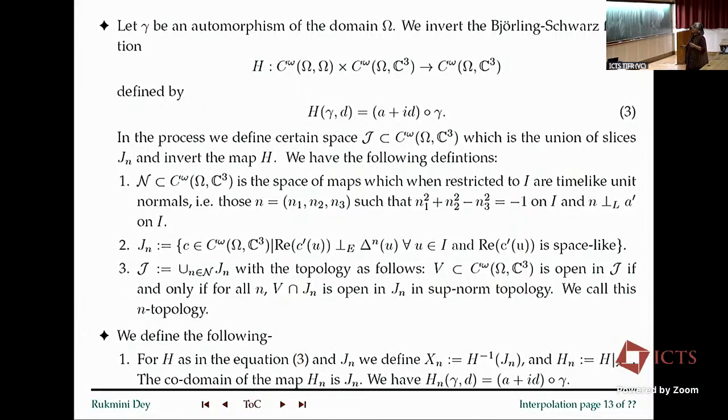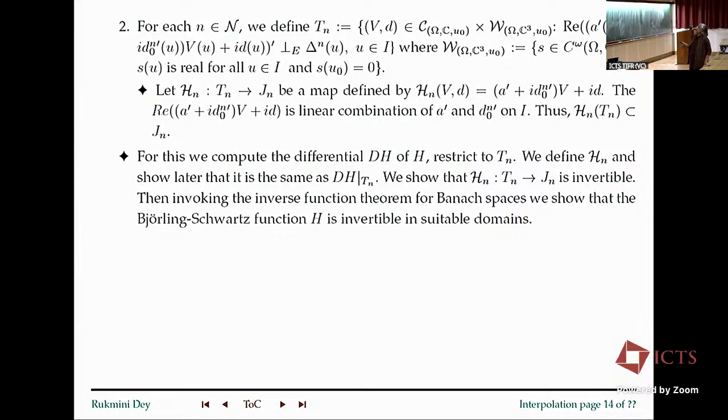So H in equation 3, we want to invert H on Jn. So H restricted to Xn is Hn, and Hn of gamma comma d is A plus I d composed with gamma, right? Now how does the tangent space Tn look? The tangent space looks like all those v comma d such that the real part of A prime du is perpendicular to delta n.